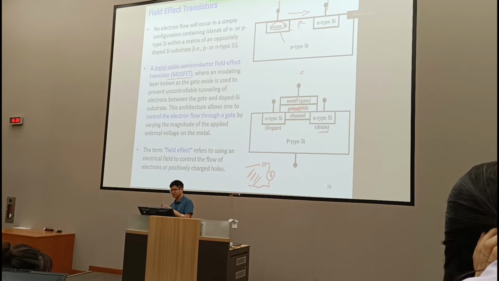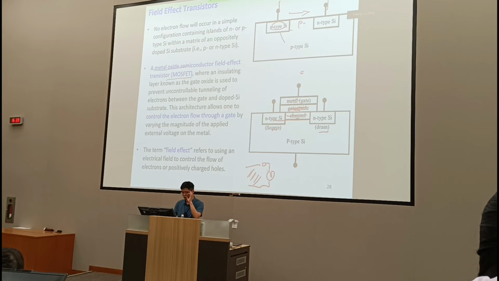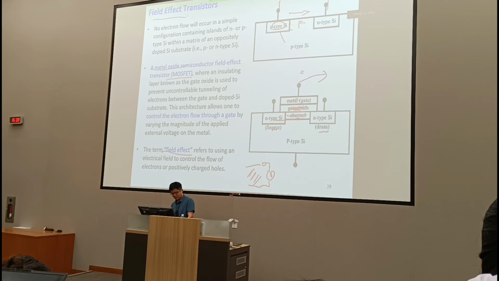The way this architecture works is that you can create free carriers inside the channel. Once they are created, they allow electrons to flow from the N-type region through the channel to the right side, so that you turn on this device. And the switch here uses the electric field. That's why we call it a field effect transistor.